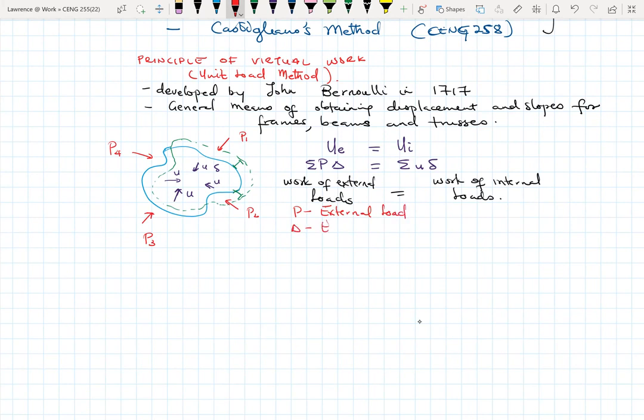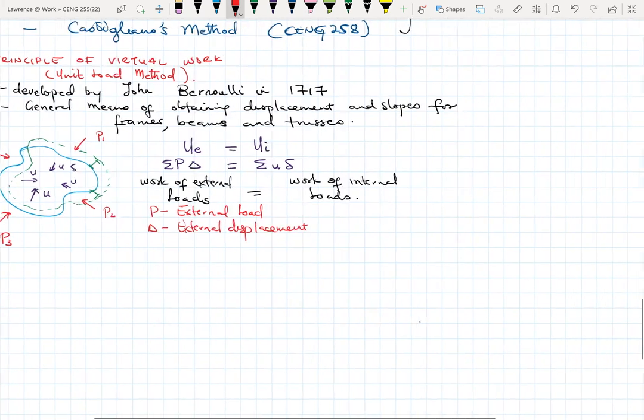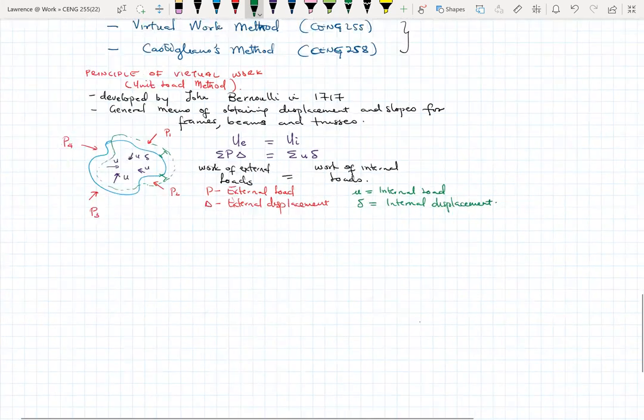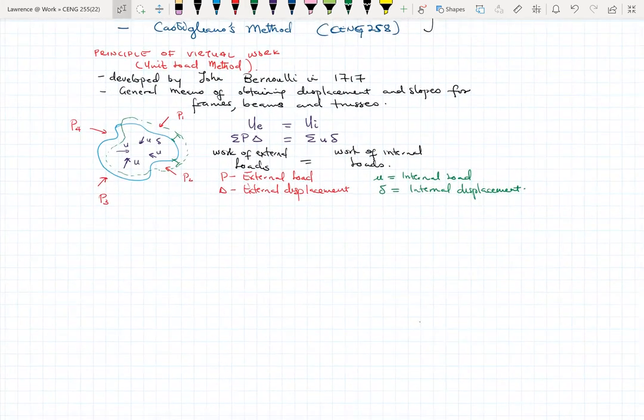Delta is the external displacement. Then small letter u is equal to the internal load, and delta d in this form is equal to the internal displacement. So this is typically what happens, and we are going to use this information to come up with some equations.